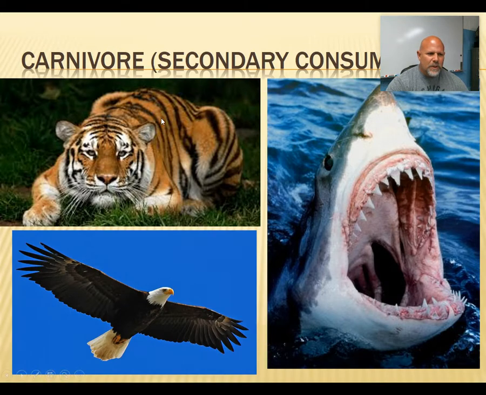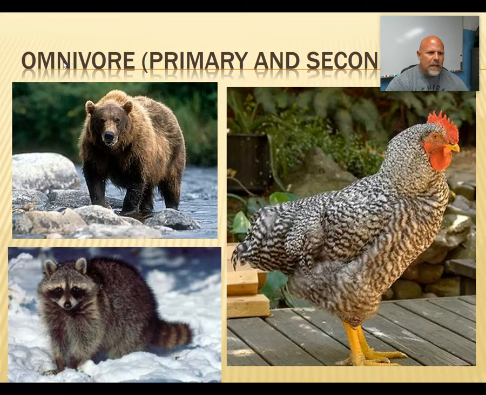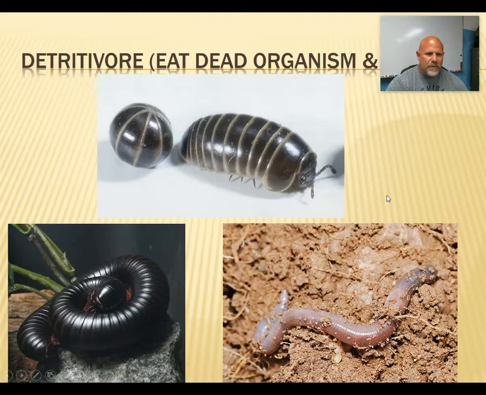So here's a few examples of carnivores: tiger, bald eagle, great white shark. Omnivores are going to be primary and secondary consumers. Omni means all eater. So bears and raccoons and chickens, they'll eat whatever they can get their mouths on.